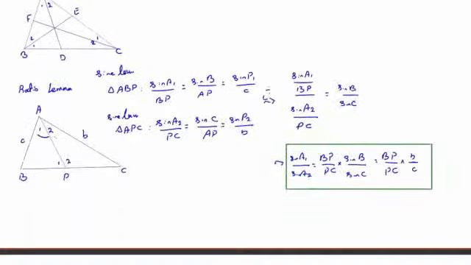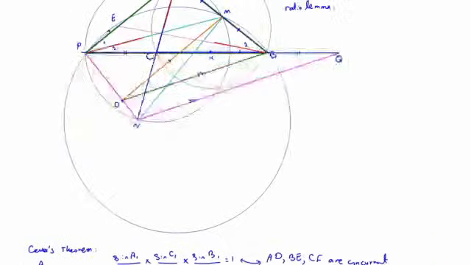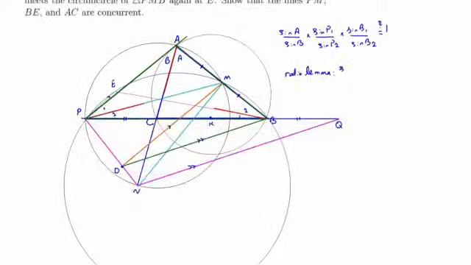We said sine A1 over sine A2 here is BP over PC times sine B over sine C. So if we apply it here, sine P1 over sine P2 in triangle APB equals AM over MB, which is 1, times sine A plus B over sine B.